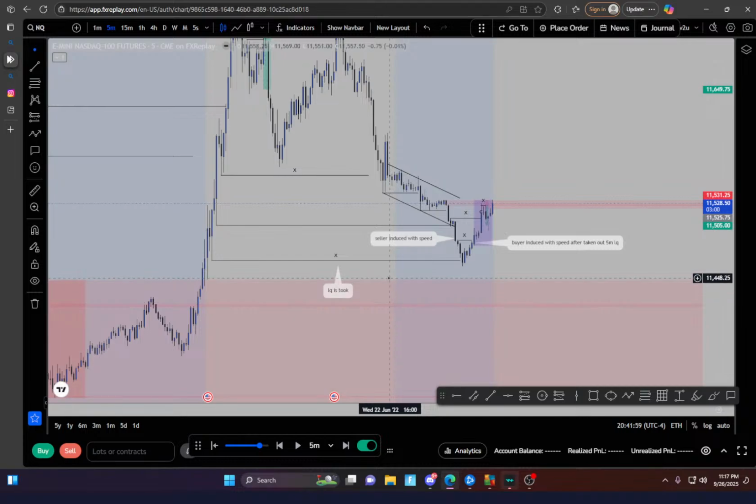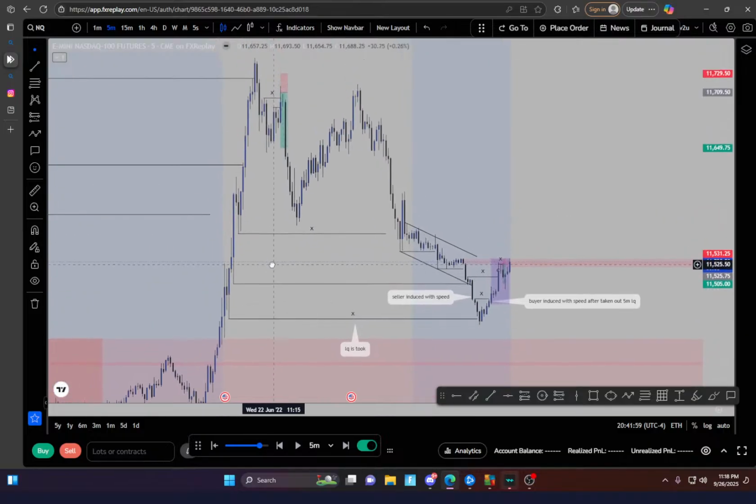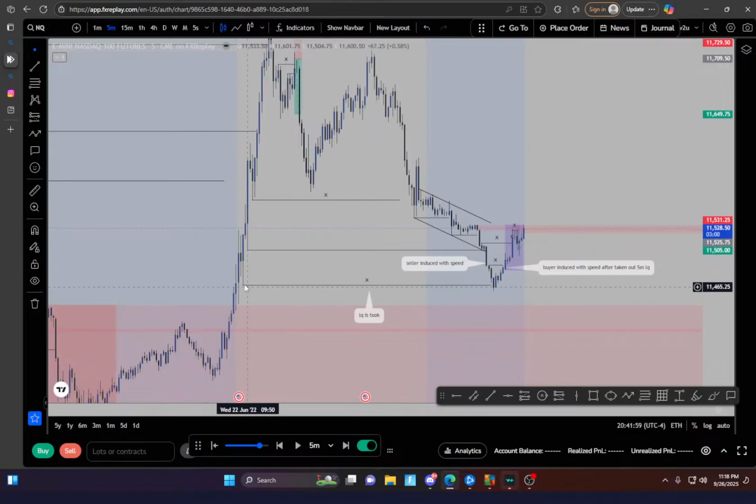yes, but the more you look into liquidity and you see how we're building up sellers, when we build up sellers and with speed as well, it bases the liquidity to the left more, high probability. So even though it's not like equal lows and a best high like this one and this one, this is still liquidity.